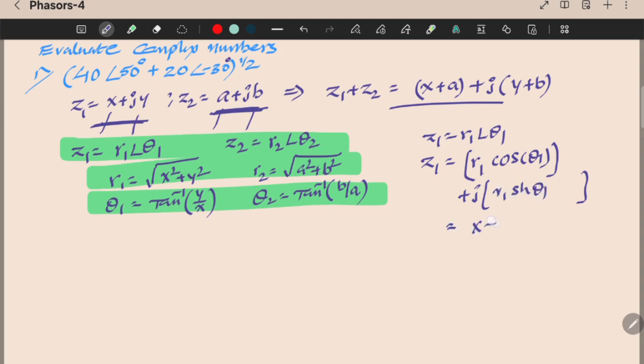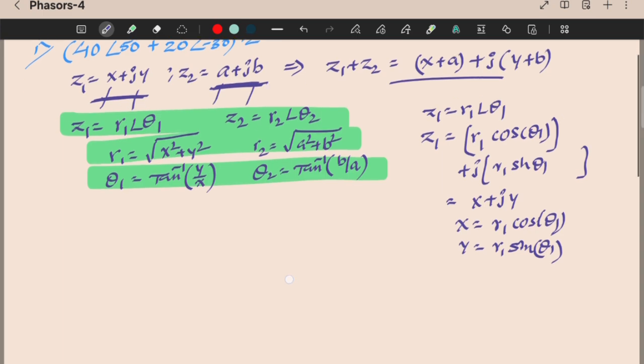That means it is actually x plus jy. So x is equal to r1 cosine of theta 1, and y is equal to r1 sin of theta 1. Like this you can convert from rectangular to polar and polar to rectangular.